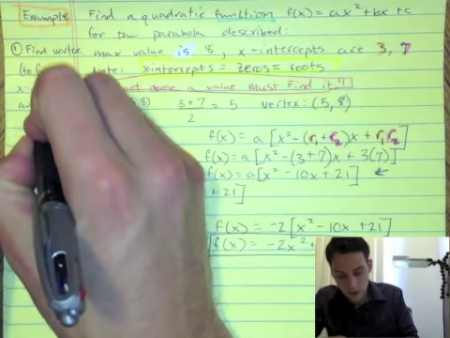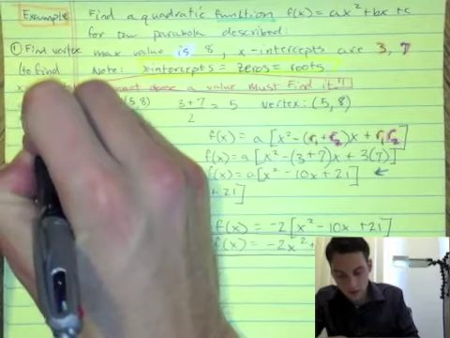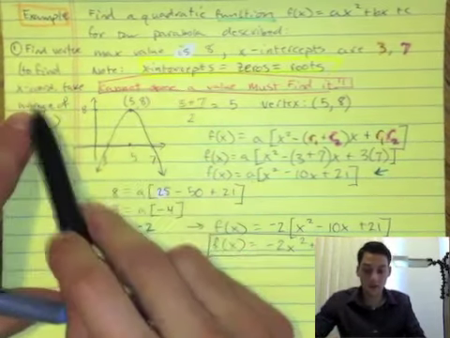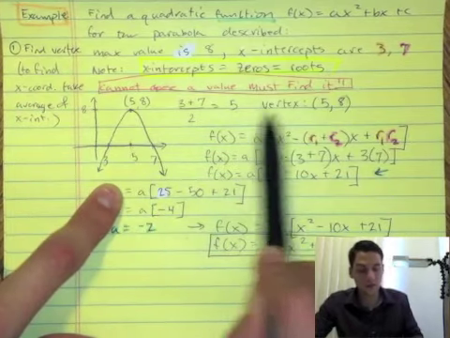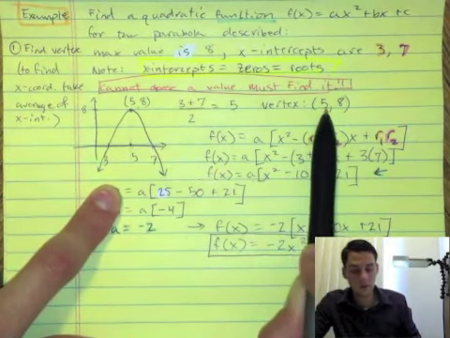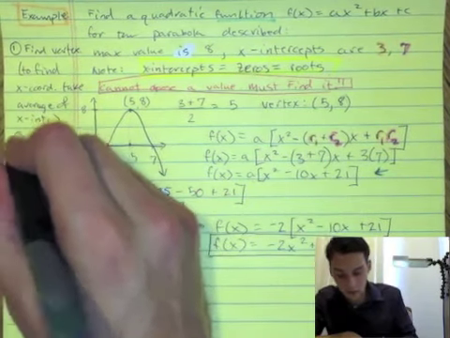We did that to find the x-coordinate to be 5. So that's how we found our vertex. This was given, this we found, and we can move on to step 2.